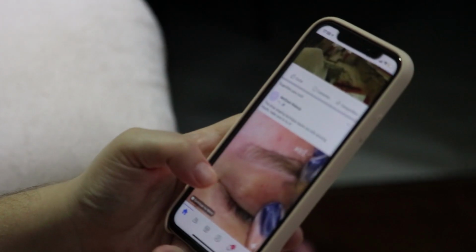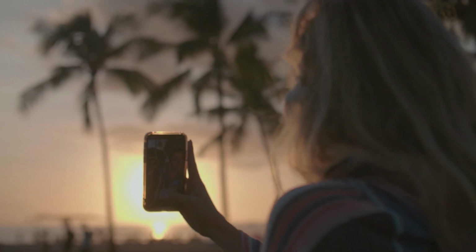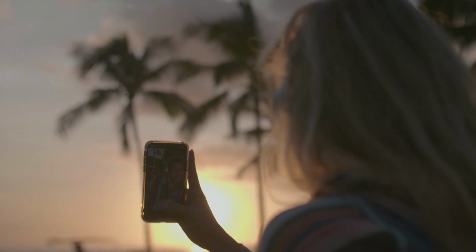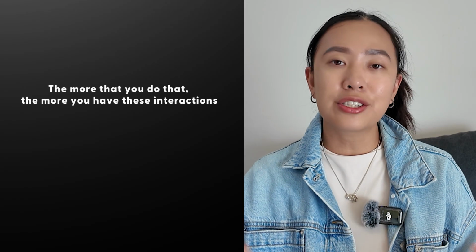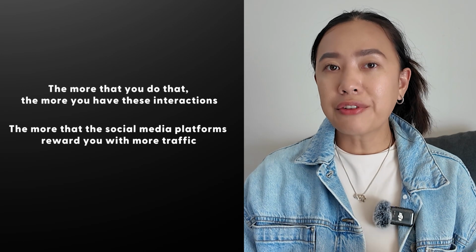So whether it's in the public wall, like a comment, or whether it's something private, like a story, the important thing is you're always engaging with your followers, because that also affects the algorithm positively in your favor. So the more that you do that, the more you have these interactions, the more that the social media platforms reward you with more traffic, because now they're seeing, oh, you know what? This account is really making an effort to connect with the people that they are connected with, or the people that are following them.